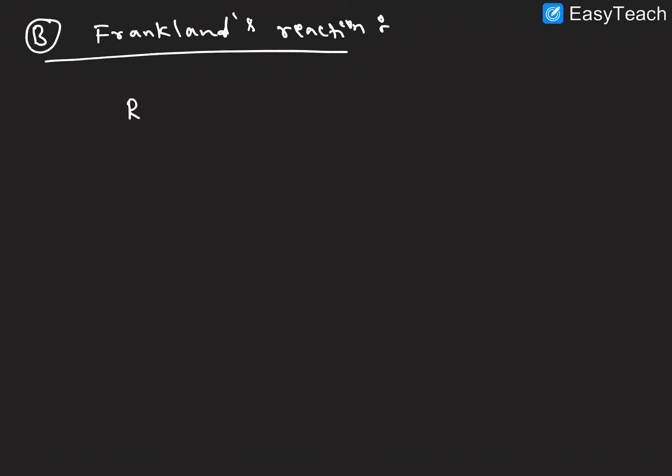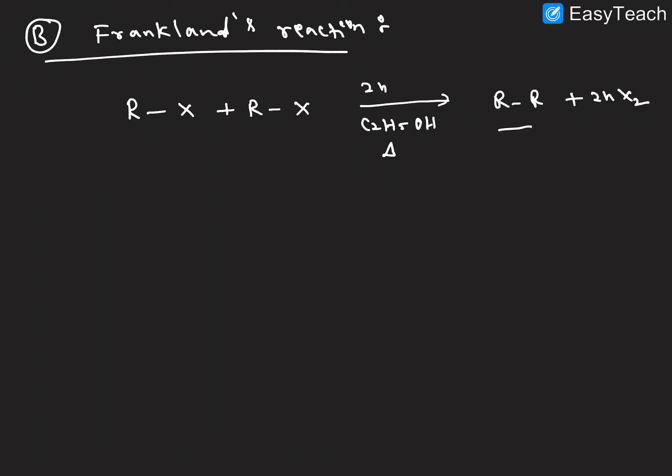So just writing the reaction: an alkyl halide is there, and here one more alkyl halide, and in the presence of zinc plus ethyl alcohol and heating condition, it gives a coupling reaction. So R-R plus ZnX2 is forming. Right? This is a coupling reaction.